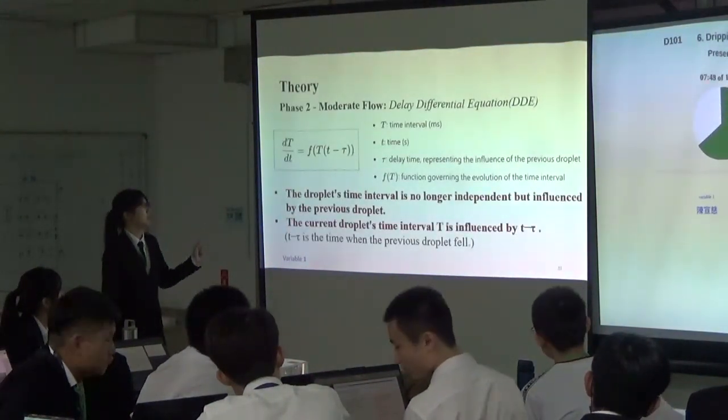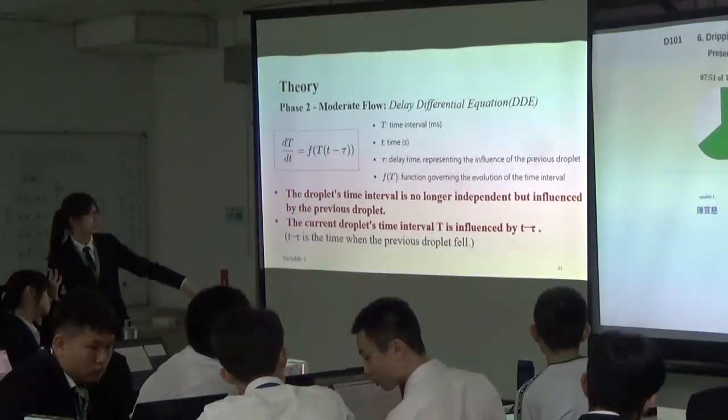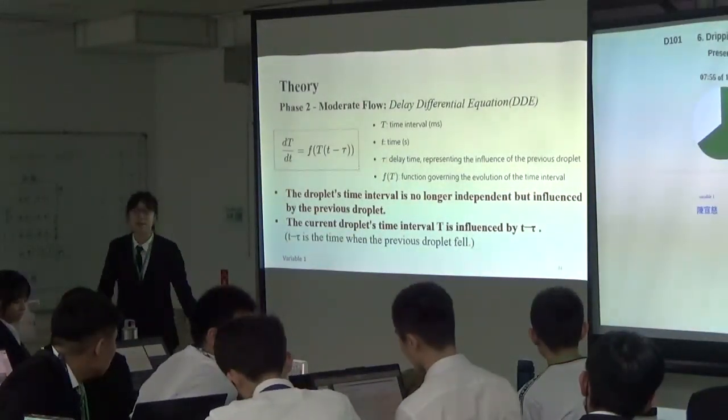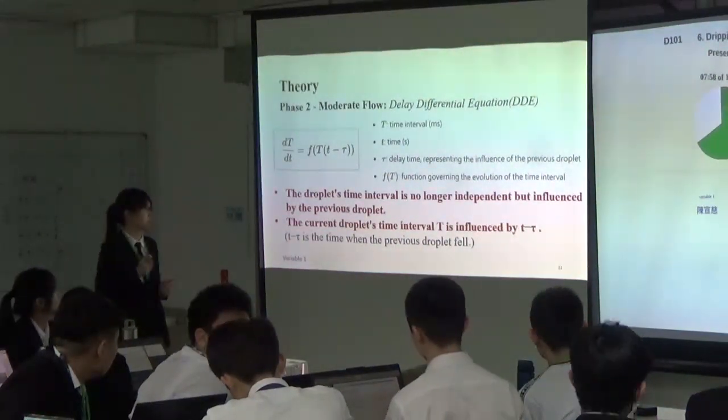For stage 2, we have a moderate flow, and we use the differential equation. Here, the droplet's time interval is no longer independent, but influenced by the previous droplet.